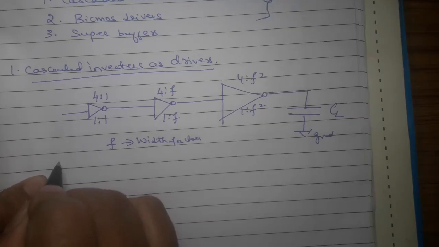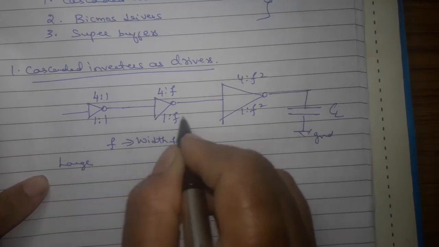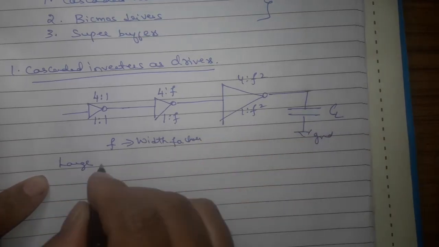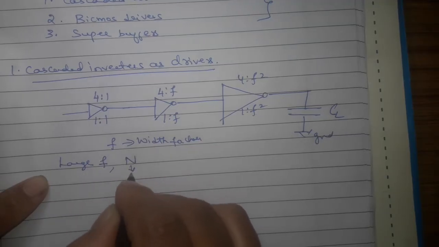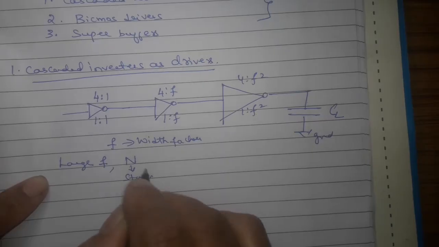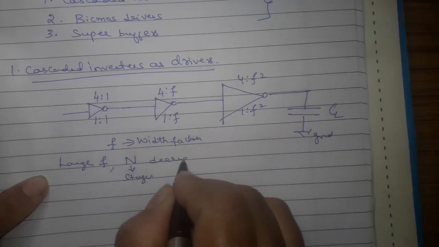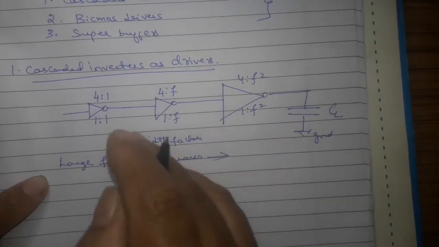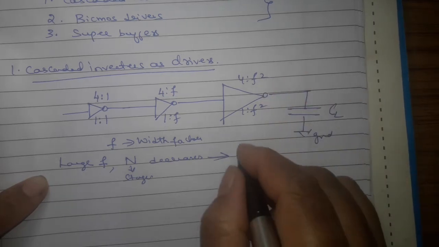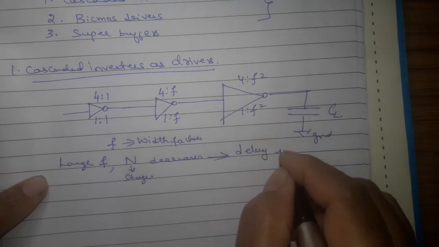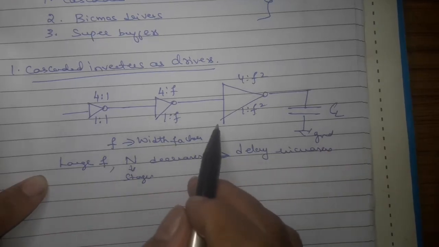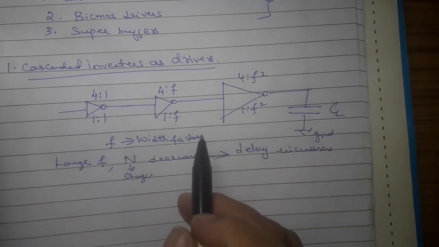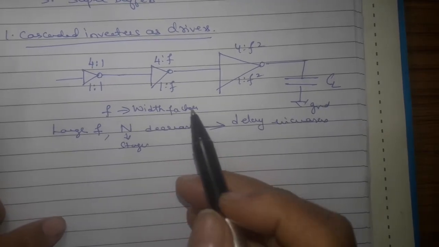With large F, meaning larger transistor sizes, the number of stages N decreases, but as you proceed with a larger F, the delay increases. Hence, I have to ensure how many stages I should be using to see that the delay will reduce.